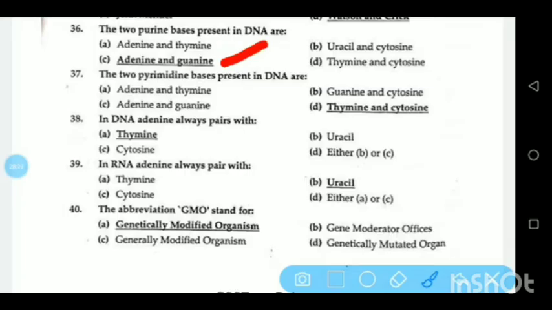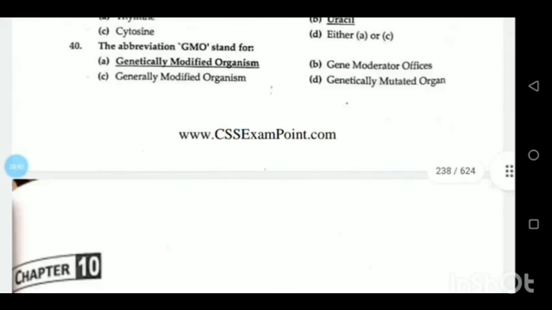The two pyrimidine bases present in DNA are thymine and cytosine. In DNA, adenine always pairs with thymine. In RNA, adenine always pairs with uracil. The abbreviation GMO stands for genetically modified organism.